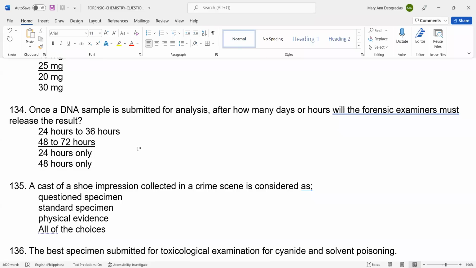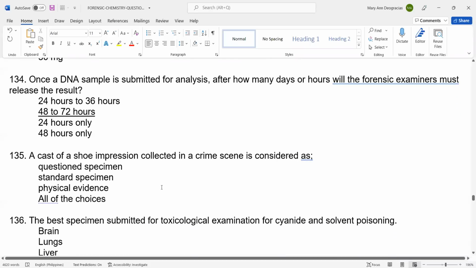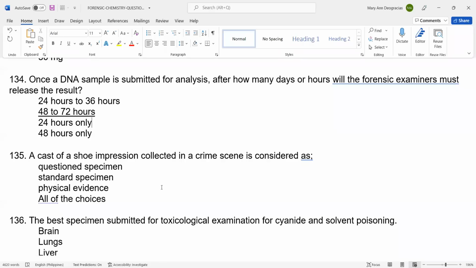Okay, 135. A cast of shoe impression collected in a crime scene is considered as blank. Crime scene, is it questioned? Is it the standard? Is it physical evidence or all of the choices? Anong sagot?